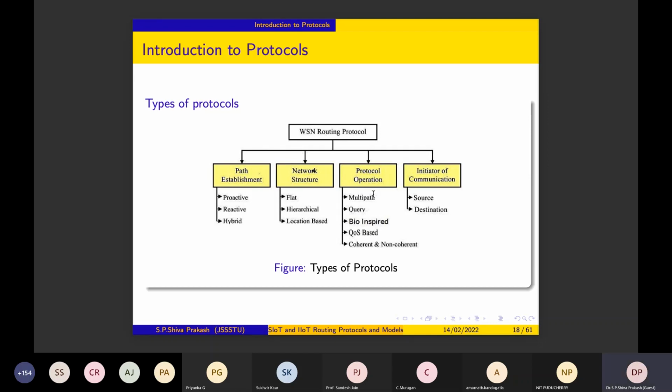If I am using my mobile, and the mobile belongs to me, it understands me, and I have defined some set of rules for it by creating some object profiling. Depending on the services, it starts choosing. So the initiator of the communication is the source, destination, and also the services in a social Internet of Things.